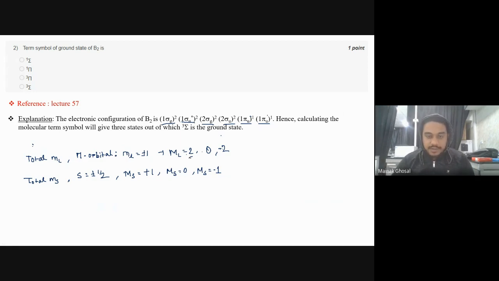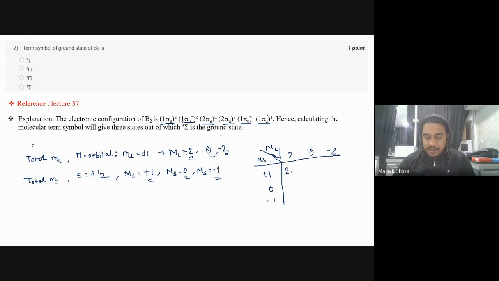So ML values possible are 2, 0, and minus 2. MS values possible are plus 1, 0, and minus 1. So you can see 9 combinations are possible, ML and MS. So 9 combinations possible: 2, 0, minus 2, and plus 1, 0, minus 1.